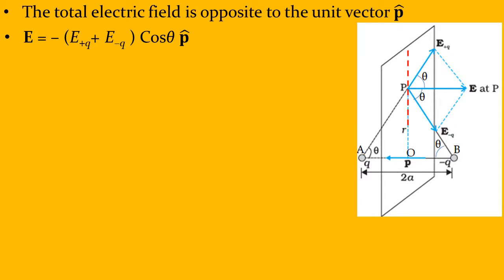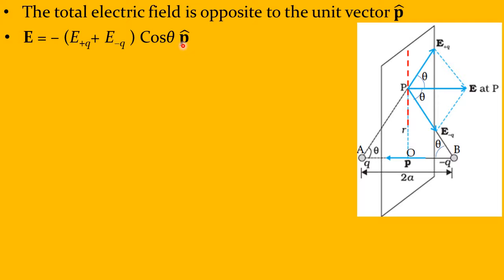As I had pointed out earlier, the total electric field due to both the charges is in the direction PE, which is opposite to the axis of the dipole or the direction of the dipole. So, when I get the total field due to the charge q and due to the charge minus q, I need to put a negative sign to their algebraic sum here because the total field is in the opposite direction of the unit vector p hat.